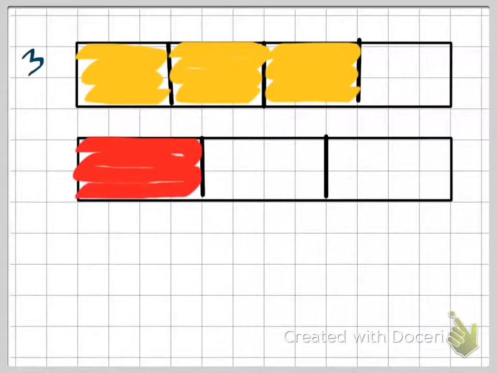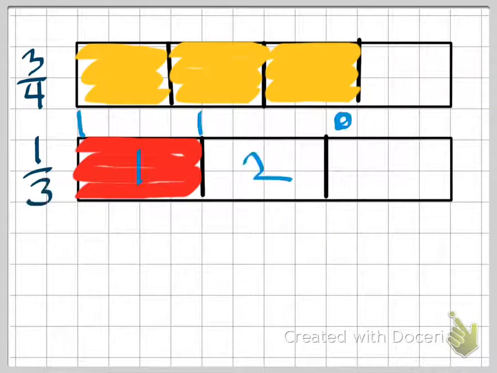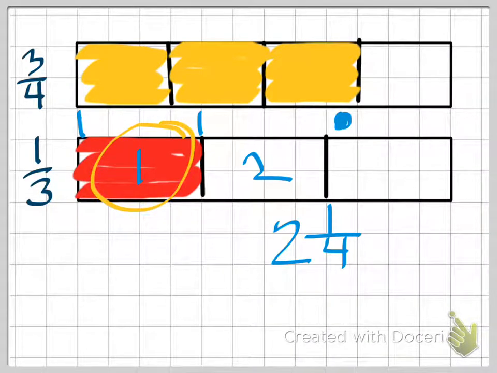In this model, I've got 3/4 and 1/3. How many sections of 1/3 fit inside 3/4? Well, 3/4, you can see it right here, is just delineated. And think about how many of these red blocks can fit inside it.